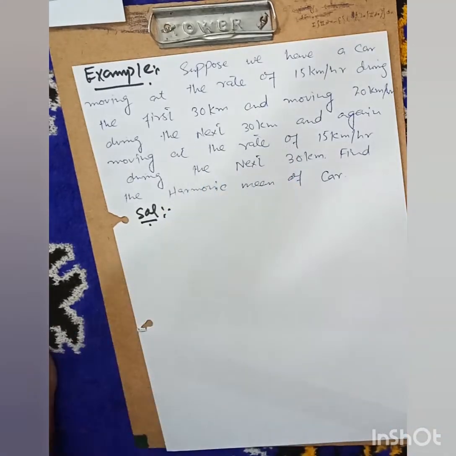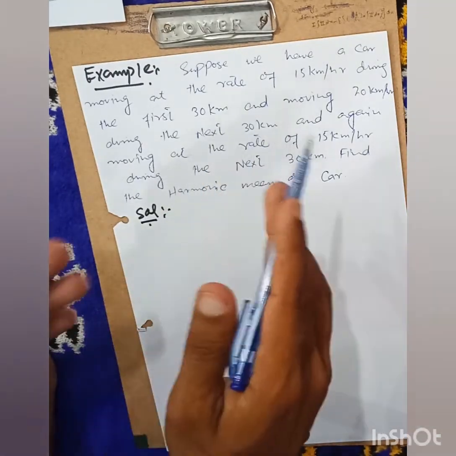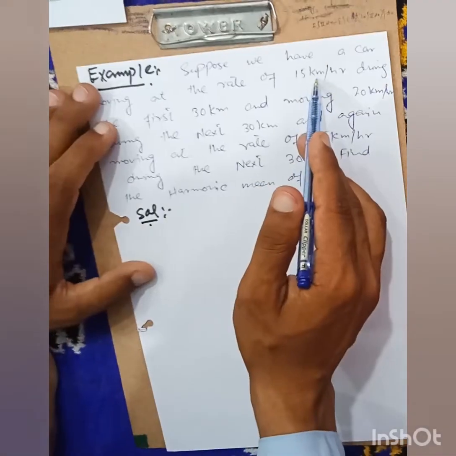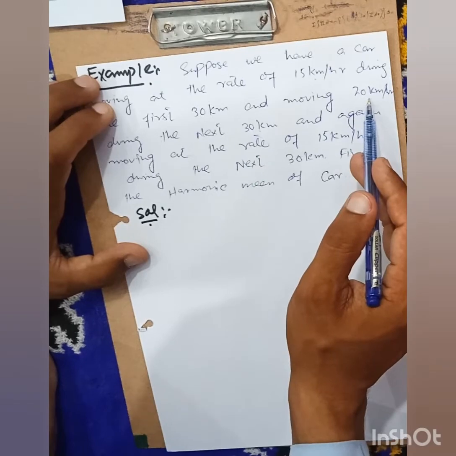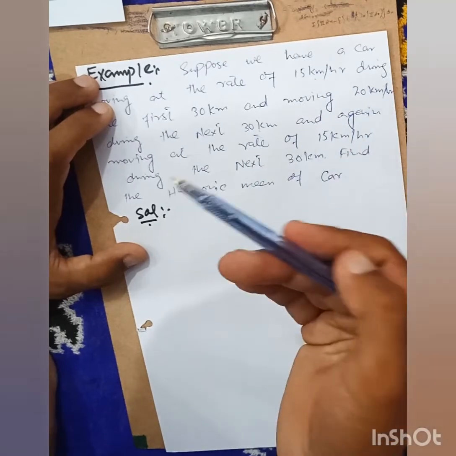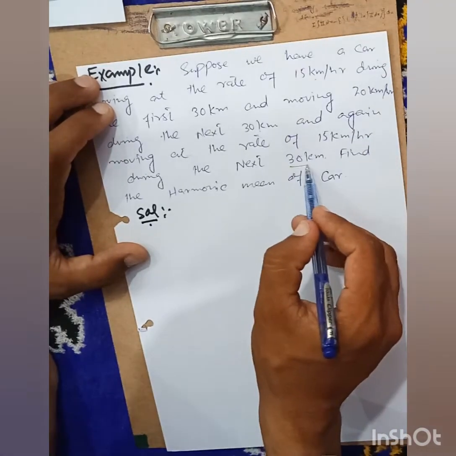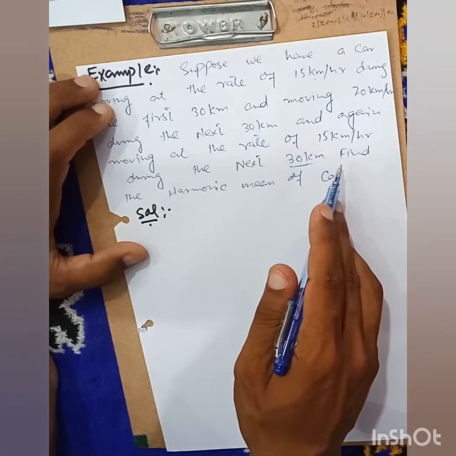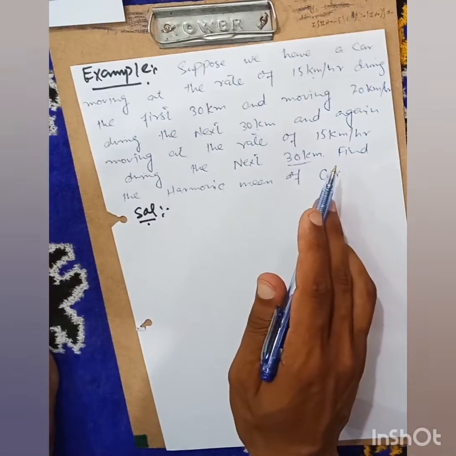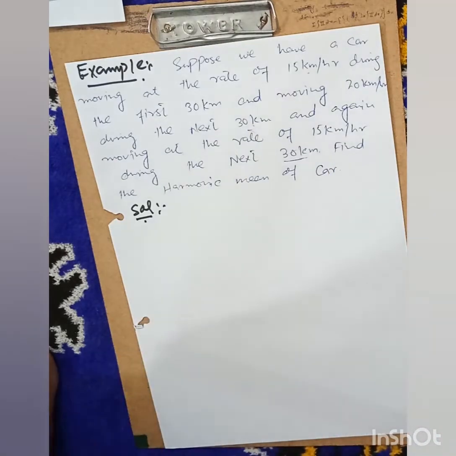In the first 30 km, the car is moving at 15 km per hour, and in the next 30 km, the car is moving at 20 km per hour, and after that, in the next 30 km, the car is moving at 15 km per hour, and what we have to find is the harmonic mean of that car.